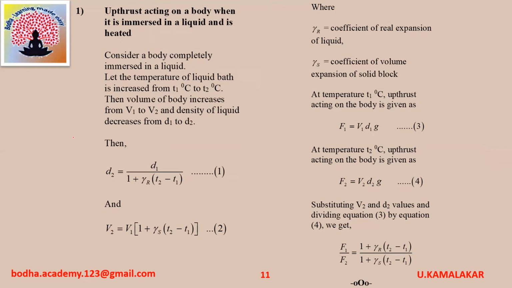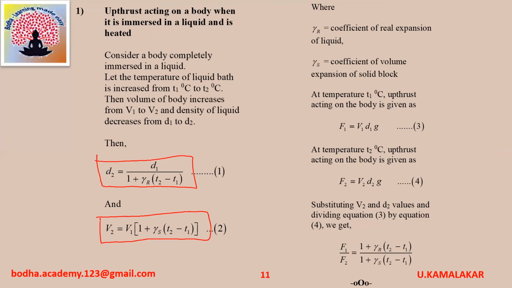Then D2 is equal to D1 divided by 1 plus gamma R into T2 minus T1, and V2 is equal to V1 into 1 plus gamma S into T2 minus T1, where gamma R is coefficient of real expansion of liquid. Gamma S is coefficient of volume expansion of solid block.